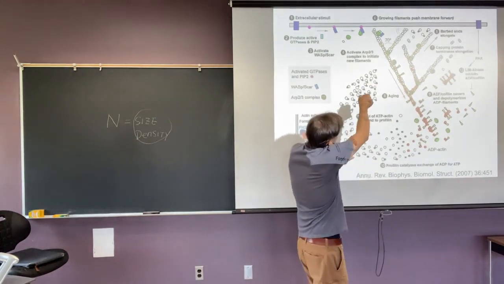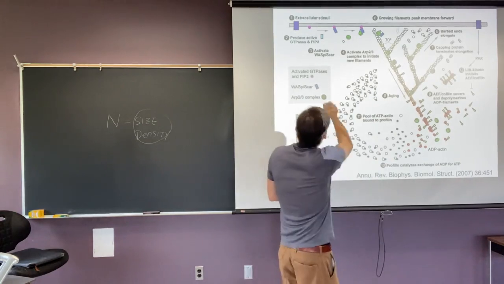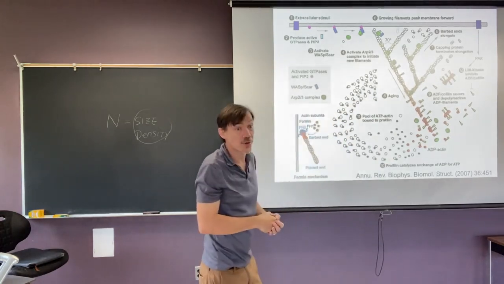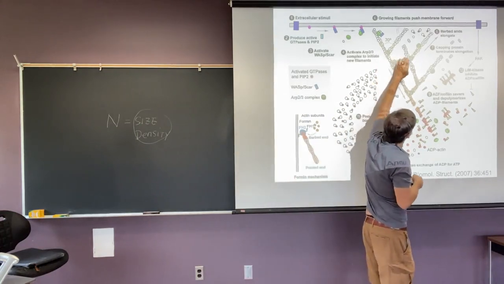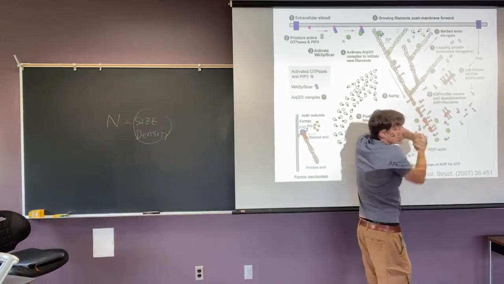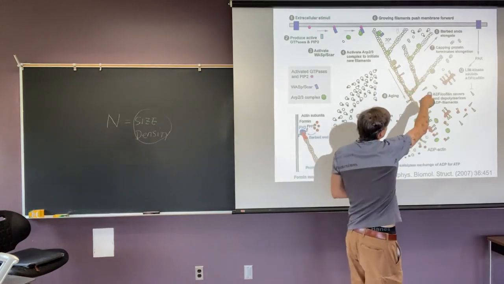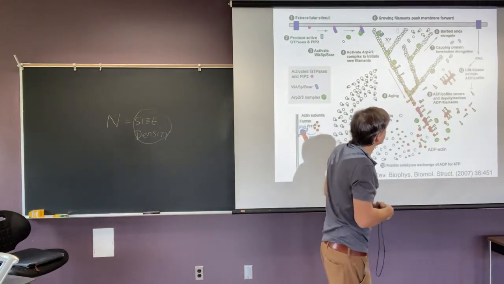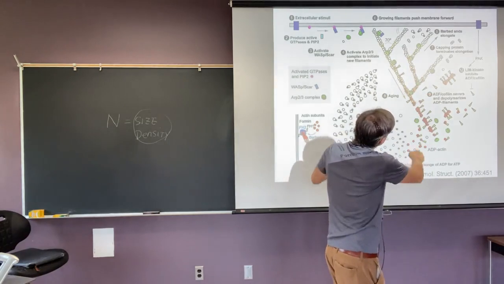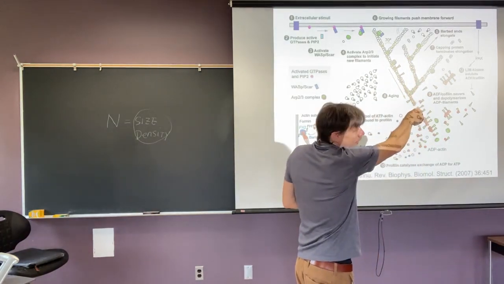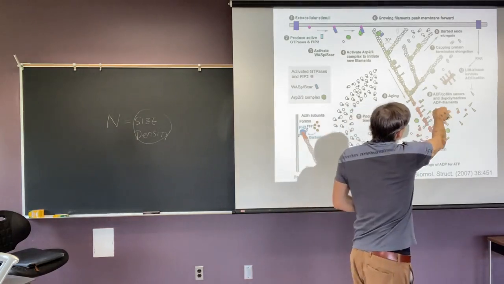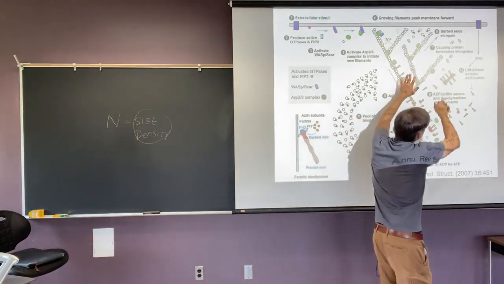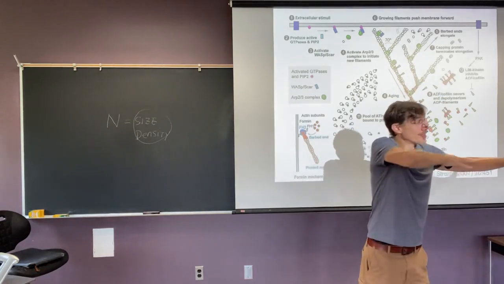Once again, profilin, formins, different molecules acting at the surface are going to drive assembly. And these little dots here are going to be our ARP2/3s, and those are going to form new branches. Through this process, the barbed ends, so the plus ends of the actin filament, are going to be elongating, and they're going to be pushing against the plasma membrane.